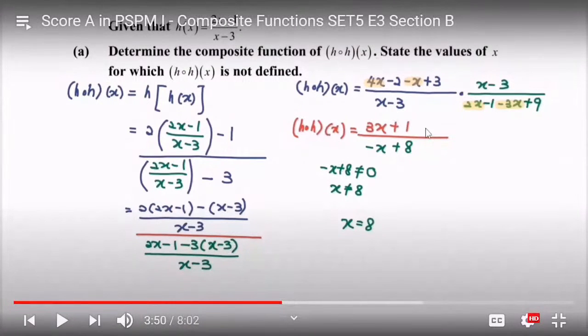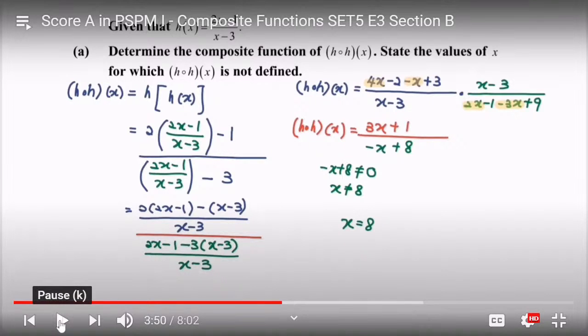This is my answer. State the value of x for which the function is not defined. So, as a denominator, it cannot equal 0, right? So if it cannot equal 0, it means x cannot be equal to 8. But answer the question: state the value of x. So you cannot write x cannot be equal to 8. You have to answer the question, you have to write x is equal to 8.